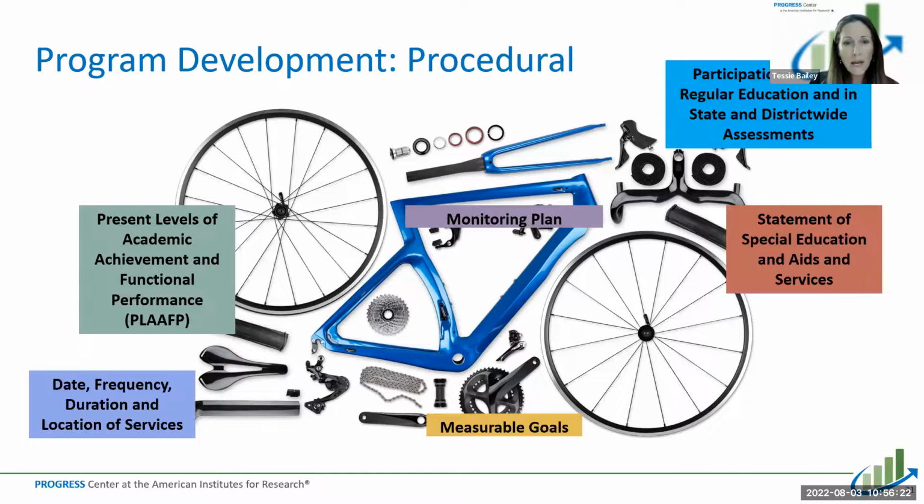There are 7 critical parts to an IEP, in case you get quizzed about it at some point. It has present levels of academic achievement and functional performance. It's got goals, it's got a monitoring plan, a statement, right? So there are pieces, and we have previously focused on getting each of those pieces really well.